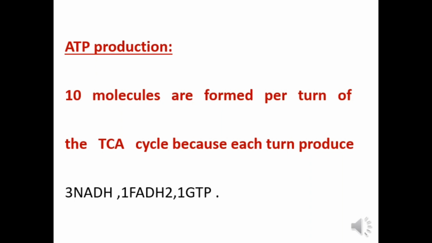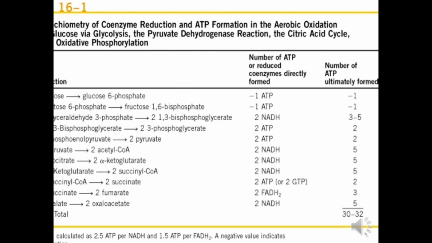This figure shows the complete oxidation of glucose by glycolysis and Krebs cycle. As we said, in glycolysis, under aerobic condition, it produces 7 ATP. Why? Because it produces 2 molecules of NADH. Each of them through the respiratory chain produces 2.5 ATP. The total is 5. This depends upon whether it enters the respiratory chain through the malate shuttle.